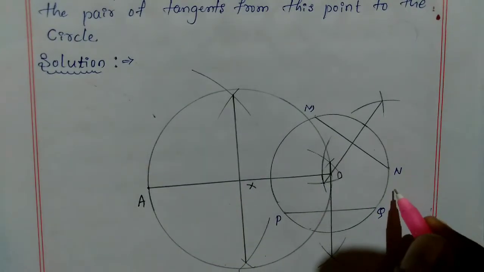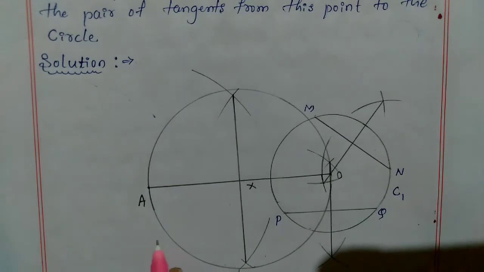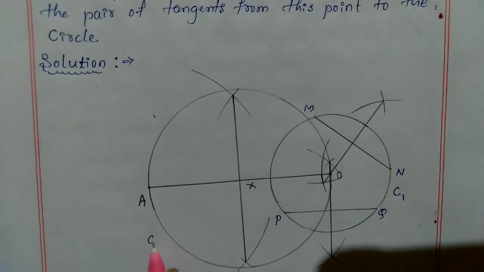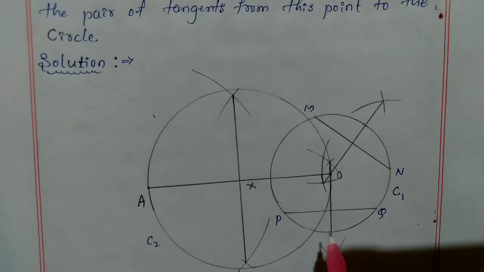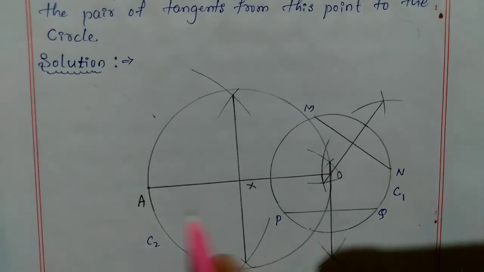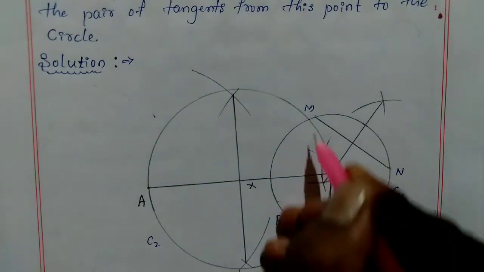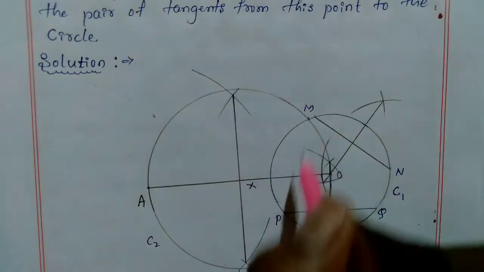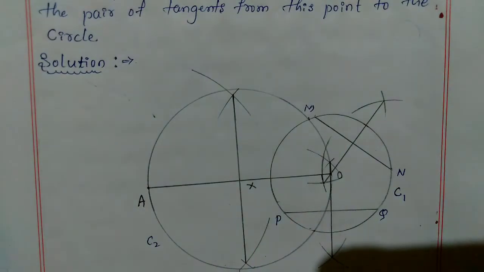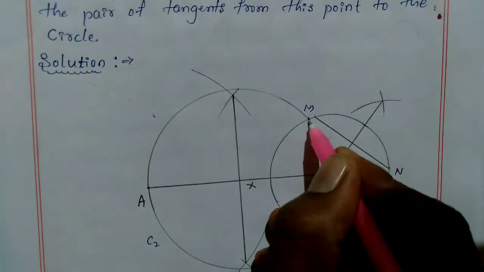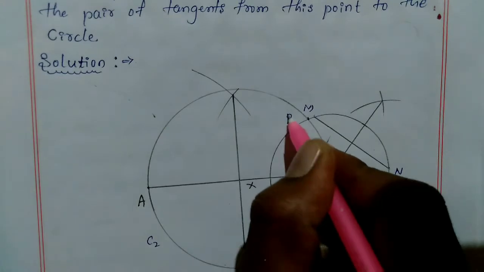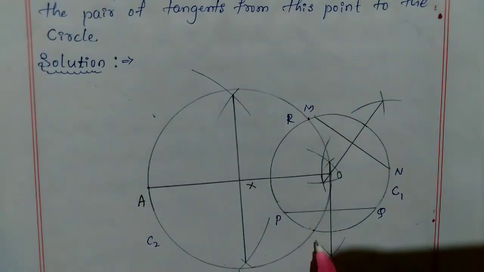You can call this one the C1 circle and this one the C2 circle. Just check here that these two circles C1 and C2 intersect at R and S. This is R and this is S.